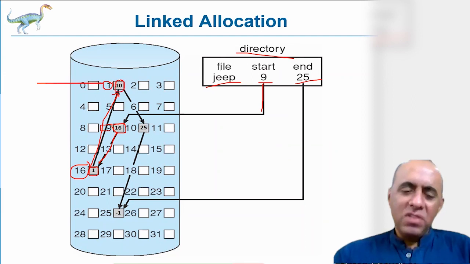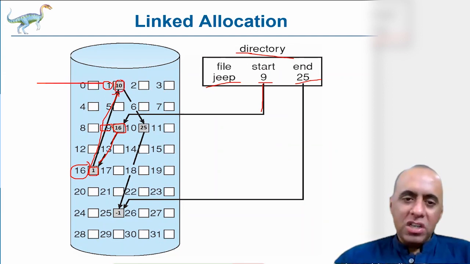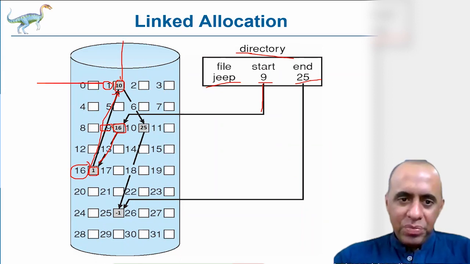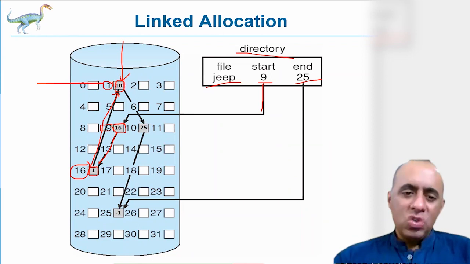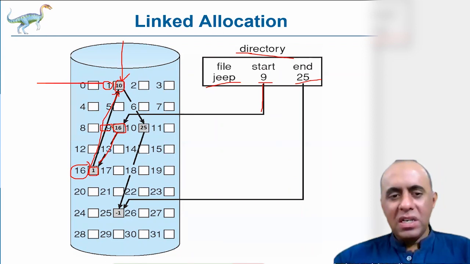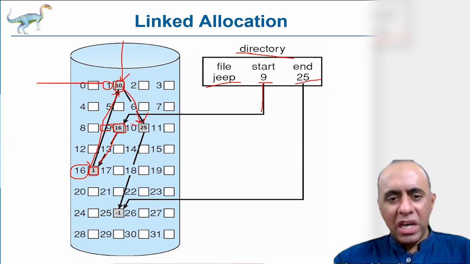Inside block number 1 you see the address of the next block. By the way, each block is now holding most of the data of the file, and then a small 1 byte is used to store the next block of this file. So the next block is block number 10. You go to block number 10, where there is file content as well as the name of the next block, which is block number 25. So you go to block number 25.